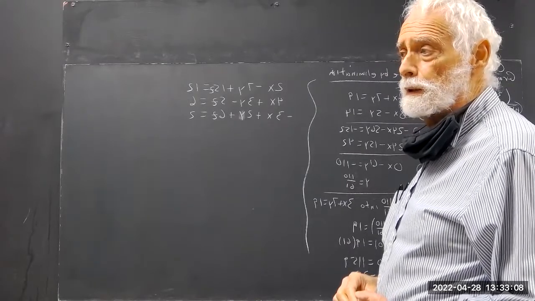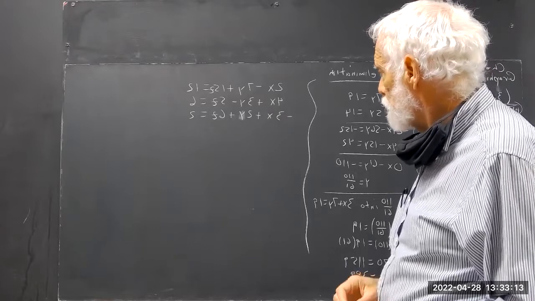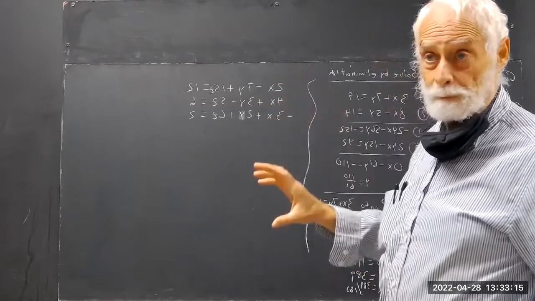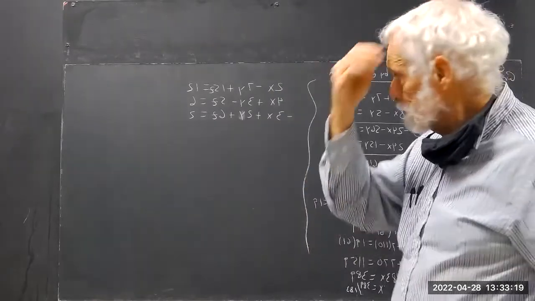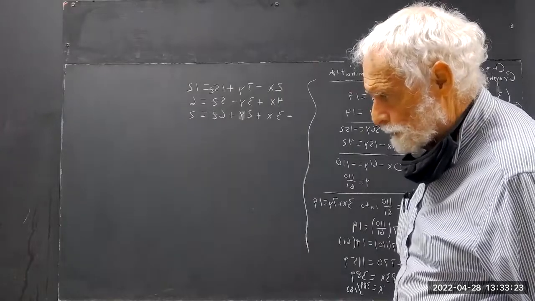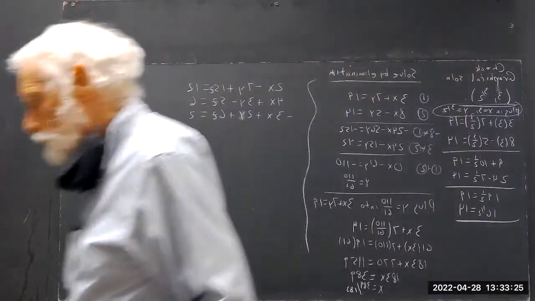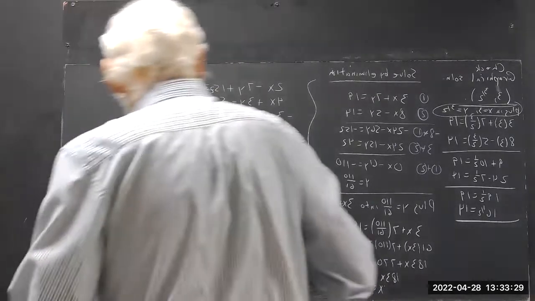I'm going to demonstrate. Then I'll give you one to work out, okay? I don't necessarily want to demonstrate in this one because I made up the numbers so they'll work out. So let me demonstrate with another system.